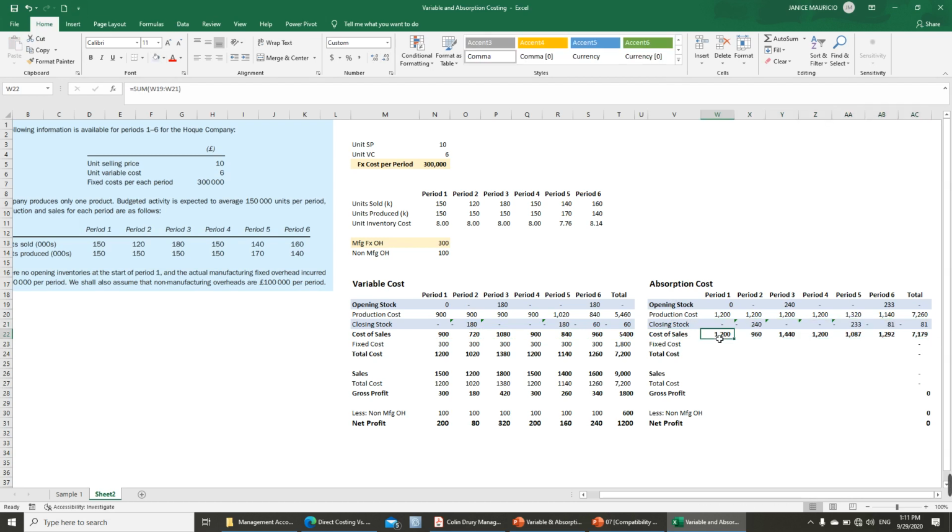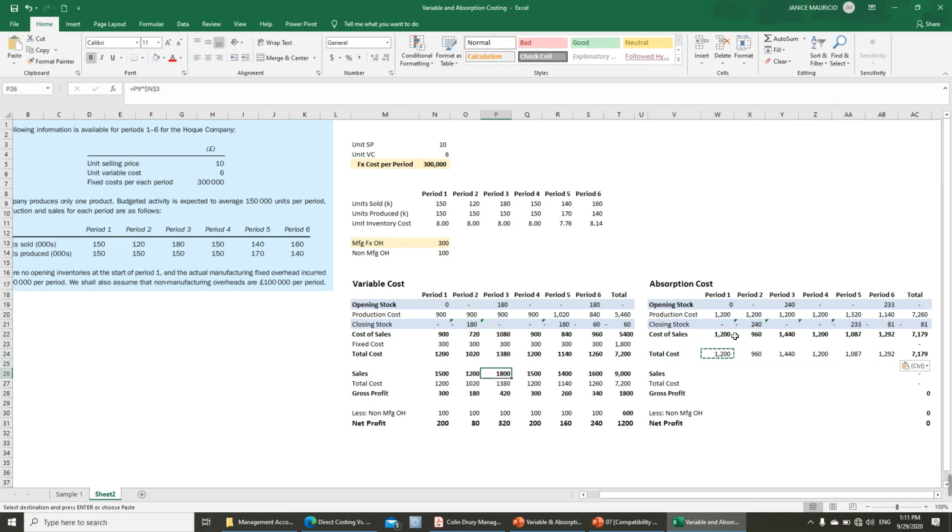So, cost of sales is opening stock plus production cost less closing stock. And then, since wala ka ng fixed cost, I mean, nakatuck in na dito sa taas yung fixed manufacturing overhead. So, your total cost is yan.